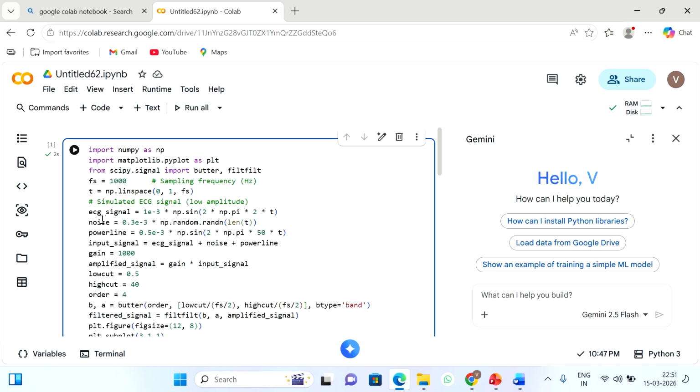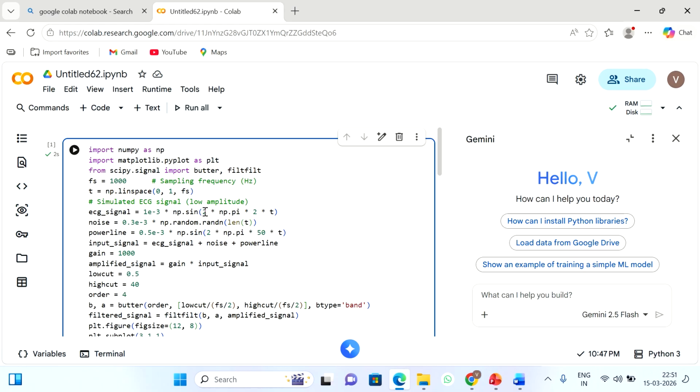Simulated ECG signal, ecg_signal, is equal to 1e-3 times np.sin(2 pi 2 t). Normally this signal is a sinusoidal waveform, so we write it in terms of sine omega t, where omega is the angular frequency, 2 pi f.